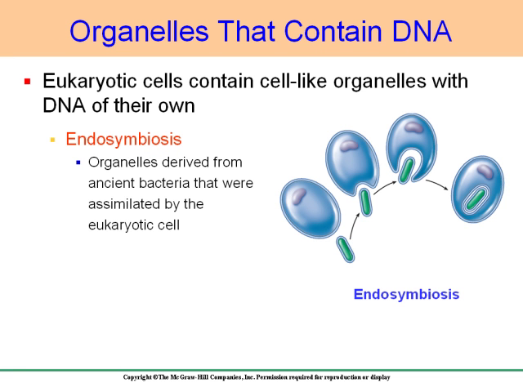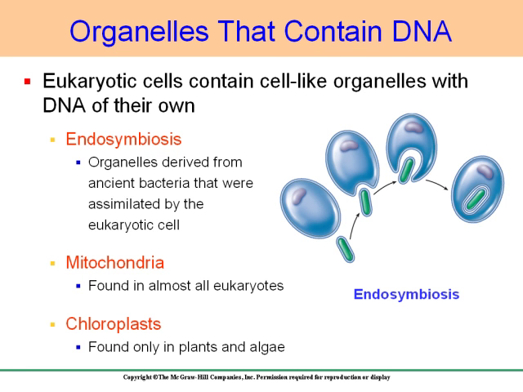This bacteria would have had its own DNA. Hence, that is likely why we see that some of our membranous organelles have their own DNA, which is different from the DNA you find within the nucleus. The two organelles that have their own DNA include number 1, mitochondria, and number 2, chloroplasts.